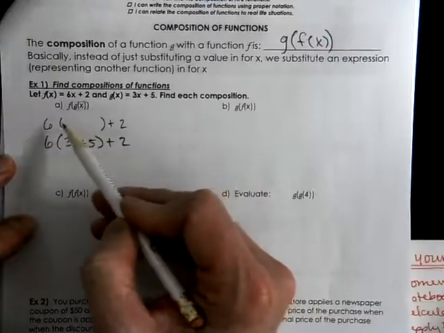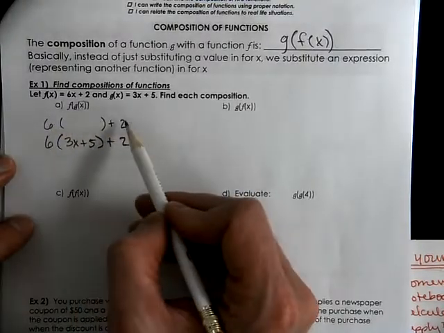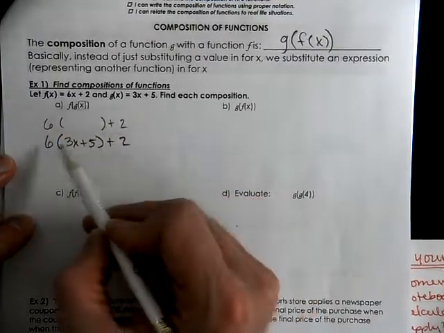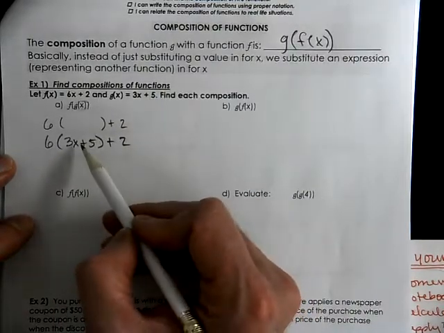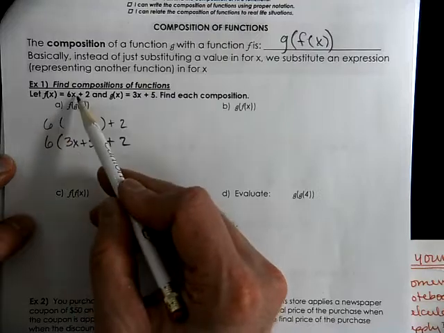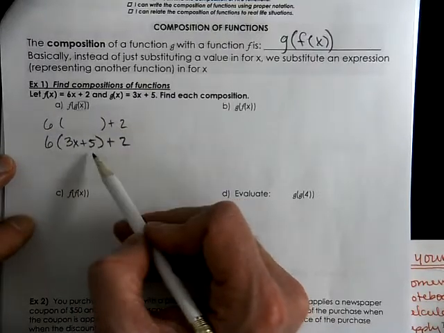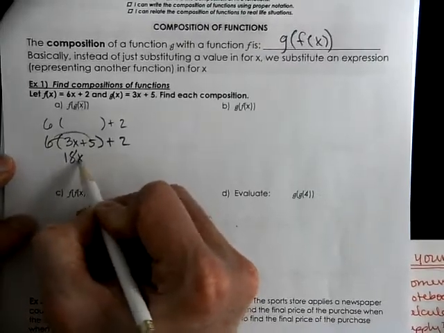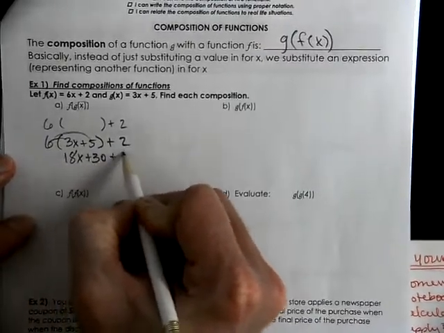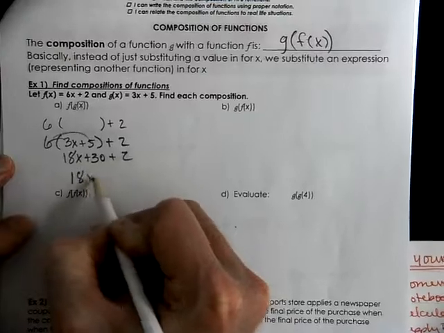I've written it twice just to show you that this is your first thought. This is your second thought, where you plug in the 3x plus 5 into the 6 times something plus 2. Then we distribute and add the like terms together.